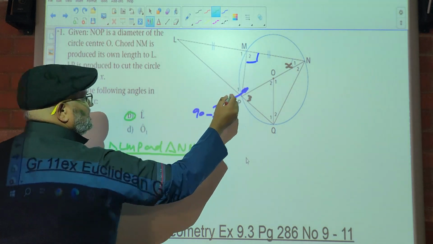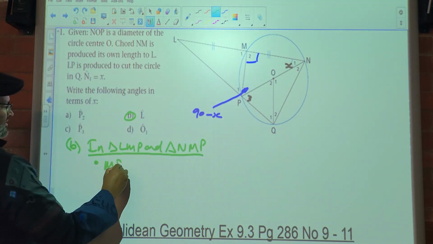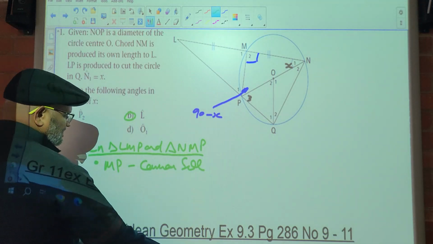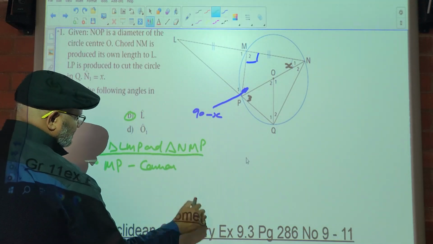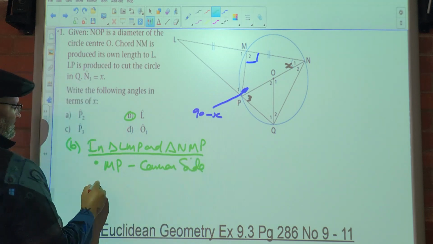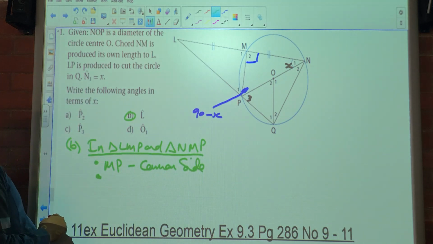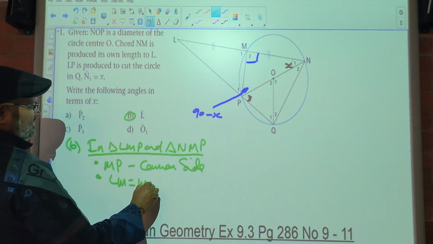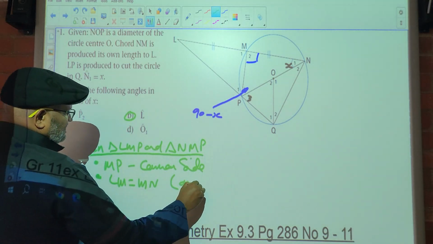So what can I say first? MP is a common side. Then LM is equal to MN. That's given to us.